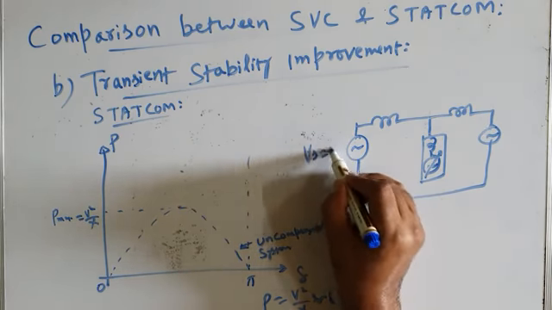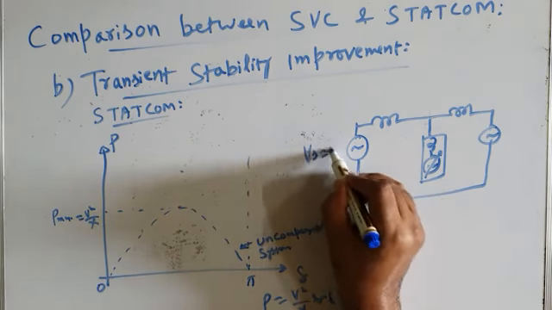This is the receiving end voltage VR equal to V at an angle of delta by 2. This is jX by 2, the transmission line reactance, half of the reactance here, half of the reactance here. This is I and this is IC. This is the STATCOM, in parallel operation with the transmission system.